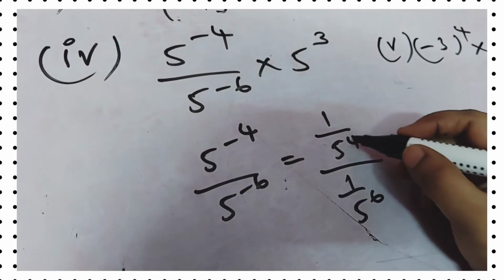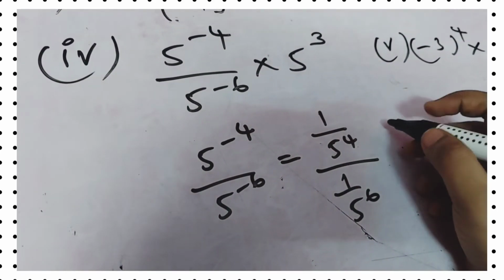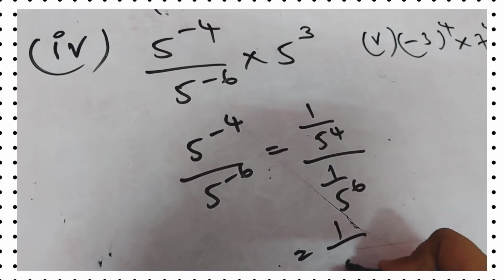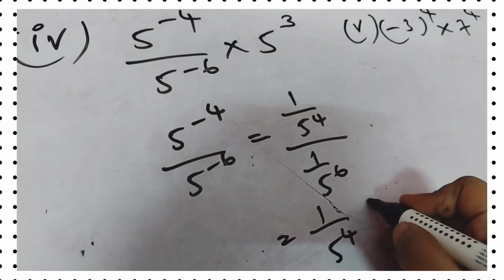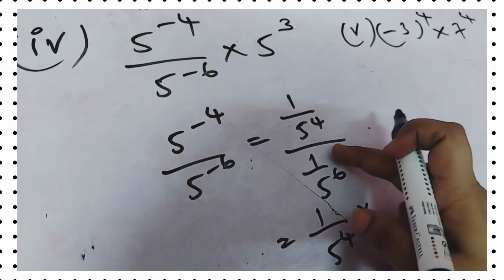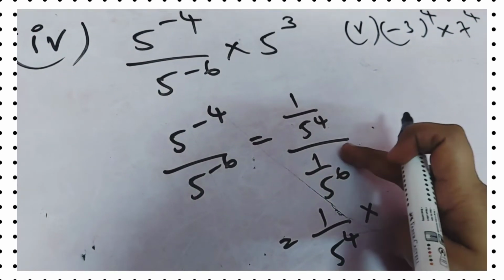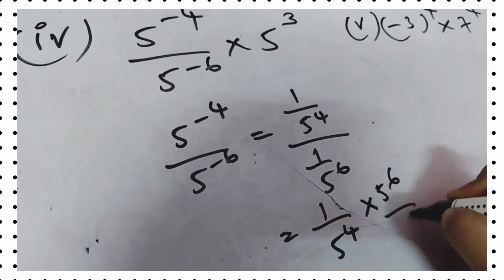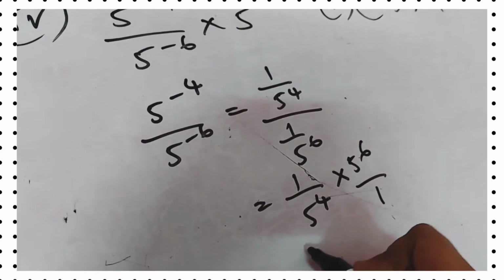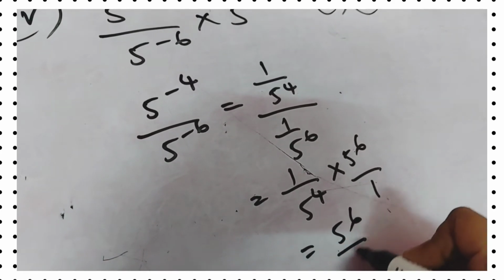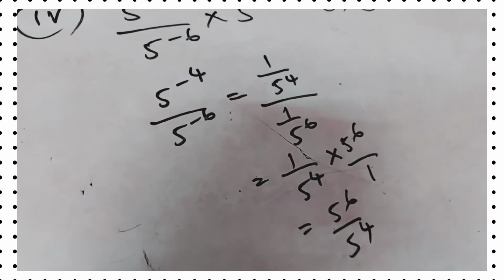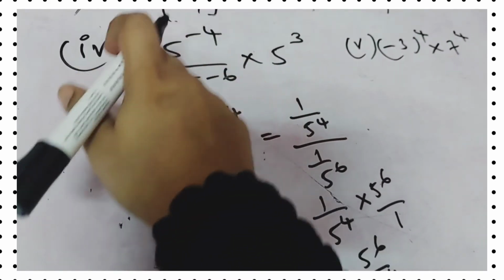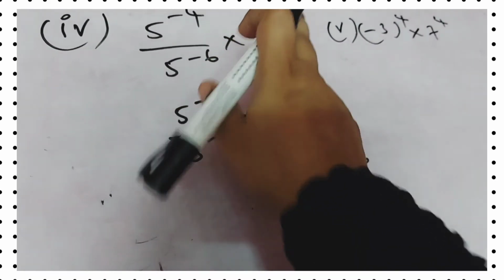So for doing division, again what you have to do? 1 by 5 to the power of 4 into, here you have to take the reciprocal. This denominator you have to take as numerator and the numerator as denominator: 5 to the power of 6 by 1. So the answer is here 5 to the power of 6 by 5 to the power of 4. Now into 5 to the power of 3, this we have done here.